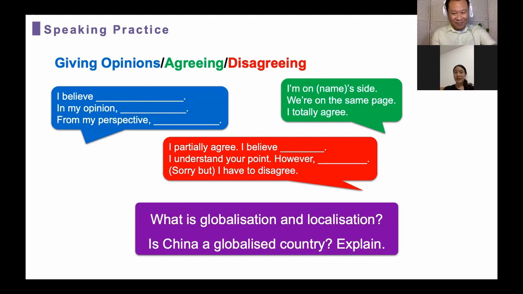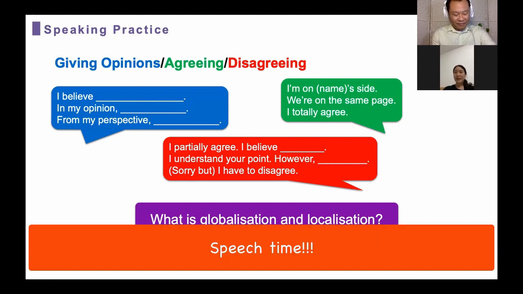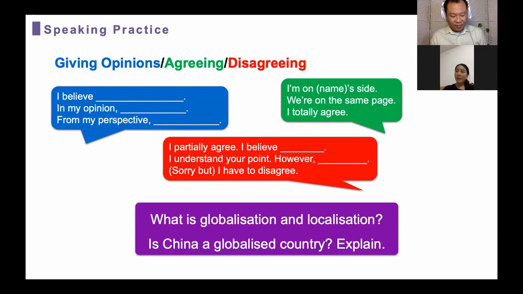Let's begin. As we know, globalization is a process of interaction and integration among people, companies, and governments worldwide.